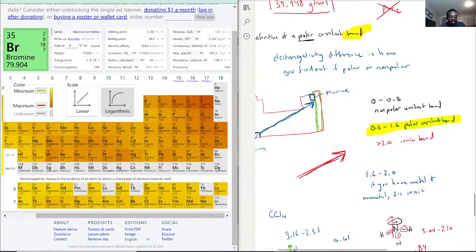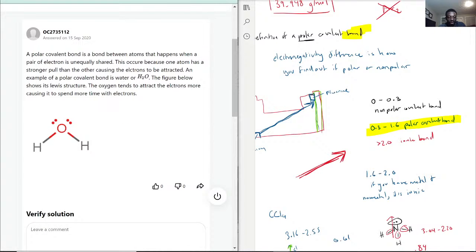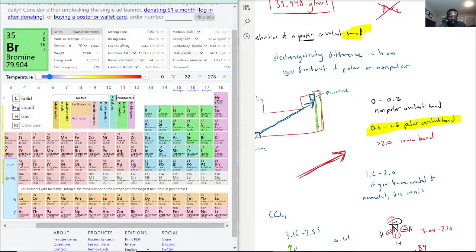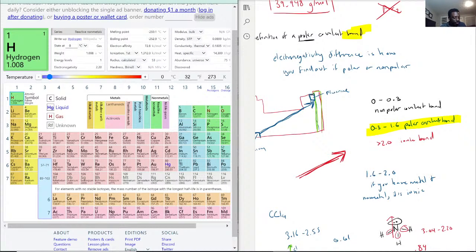I know they mentioned water, for example, and that is right, as in it is a polar molecule, but that does not determine whether it's a polar covalent bond. What you need to do there is find the electronegativity of oxygen, which is 3.44 minus 2.20.